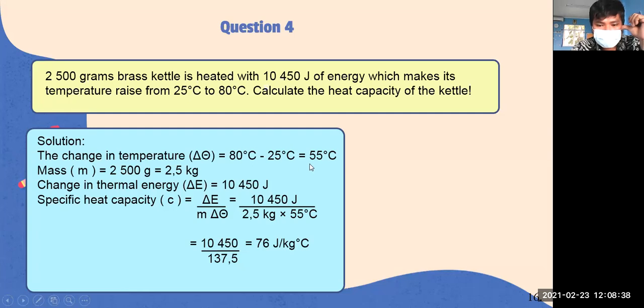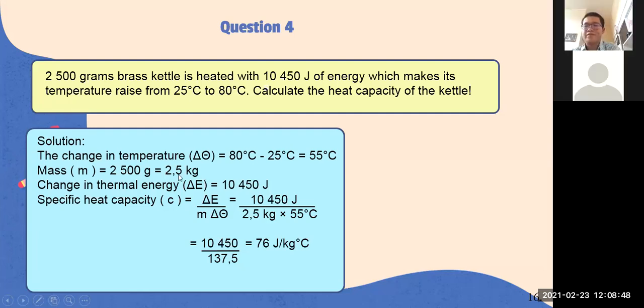And then we're going to put up the mass, or M, which is 2,500 grams. And then we convert it from grams into kilograms, so 2,500 grams will become 2.5 kilograms, according to the question. And then the change in thermal energy, or delta E, which is 10,450 joules.